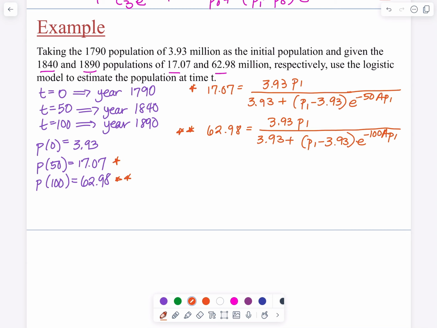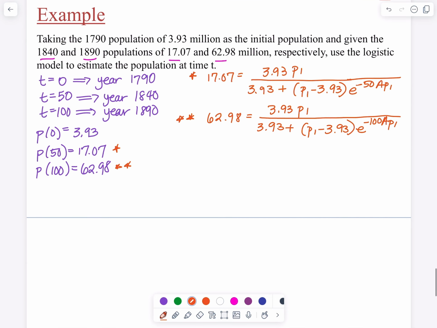So we can do a little algebra here and find that P1 is approximately 251.7812 and A is approximately equal to 0.001210.